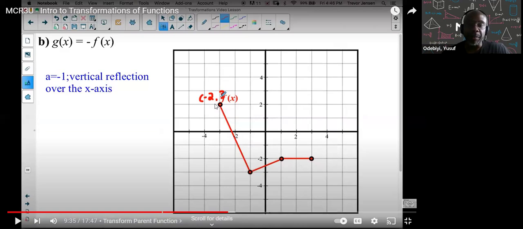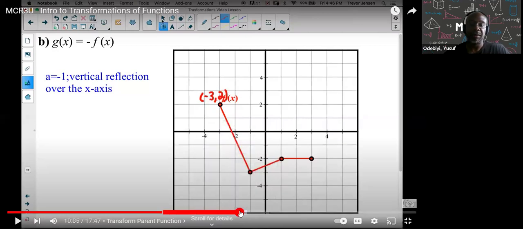So if my point here is -3 on my X and 2, I'm going to bring it down to here. My X is still -3, but my Y now is going to be -2.